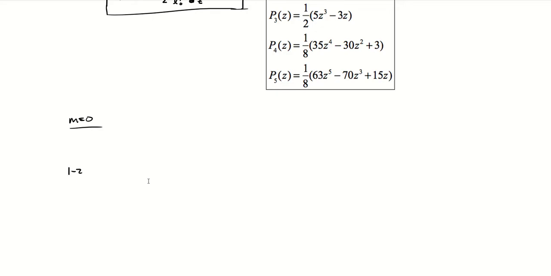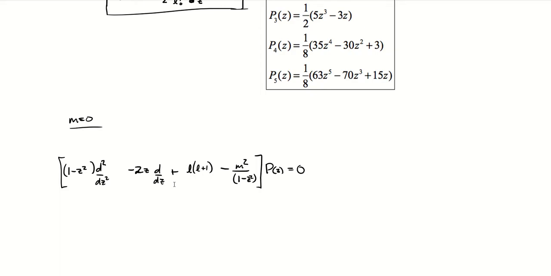If you remember, our differential equation looked like this: (1 minus z squared) times the second derivative with respect to z, minus 2z d/dz, plus that a, which we can now write as L times (L plus 1) because that's what we just showed, minus m squared over (1 minus z squared). All of this operating on our function is equal to 0, right?